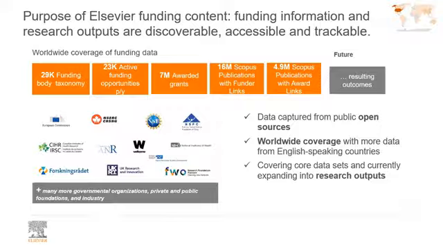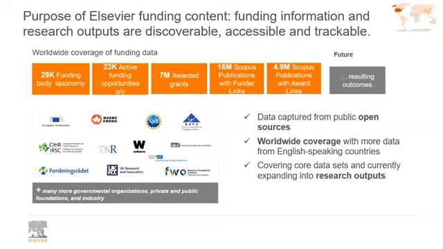So first of all, the purpose of our funding database is focusing on collecting information about research and innovation funding to make it more accessible, discoverable, and trackable. Elsevier has worldwide coverage of funders and their active and past funding, with a bit more focus on English-speaking countries.